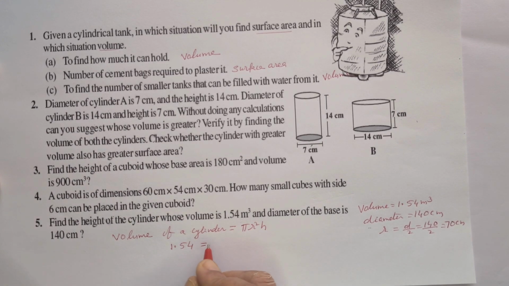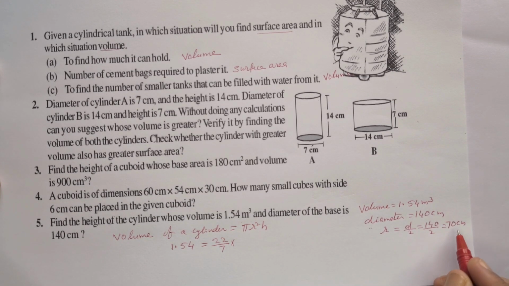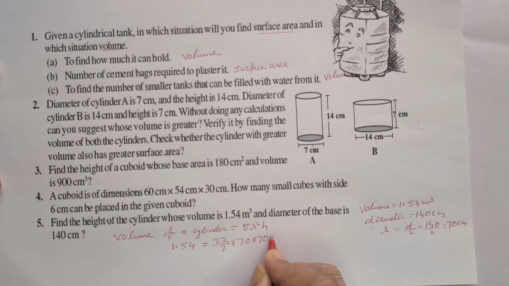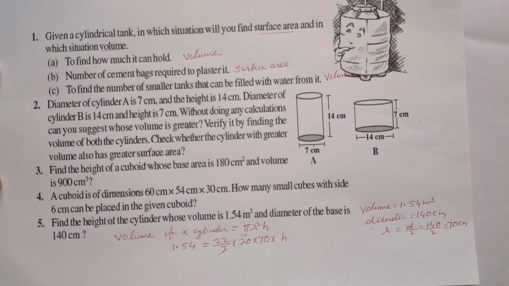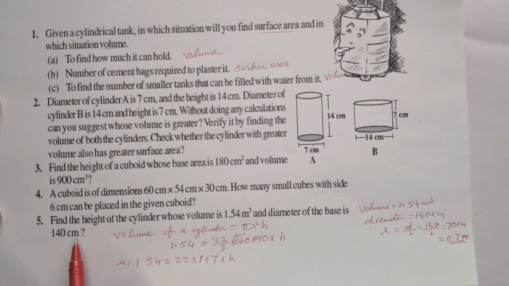So 1.54 is equal to pi, which is 22 by 7, radius is 70, r square, so 70 into 70 into h. Here we can simplify this, 7 here 10 times and multiply. This also we have to look at here. One is in meter cube and the other one is in centimeter. So we have to convert the centimeter to meter, make the same unit.